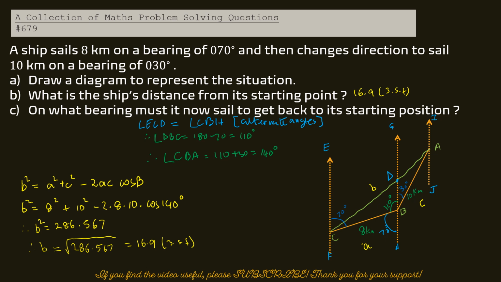So then I have part C. Now I need to find out on what bearing must it sail to get back to its starting position. So for this bit, I need to find out this entire angle, the reflex angle, for the bearing, so the anti-clockwise.